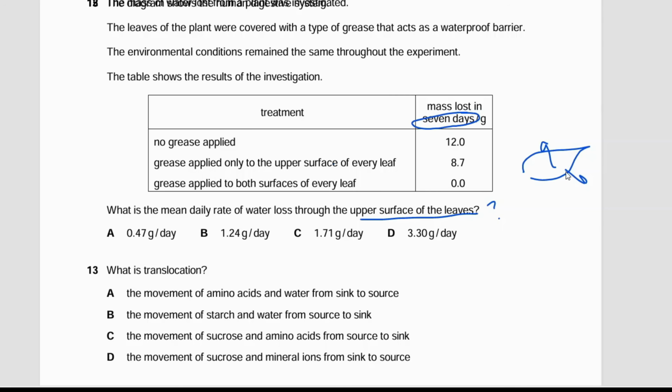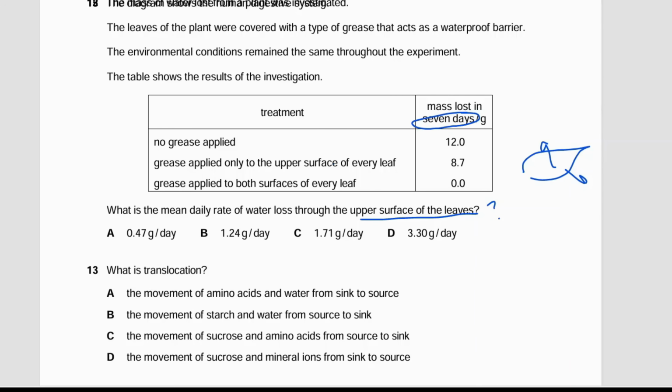1.24. Okay, so 12 and 8 are, this would be 20. No, 20.7 divided by 7, it would be 2 point something. No, no, we just have to halve it, that I know.